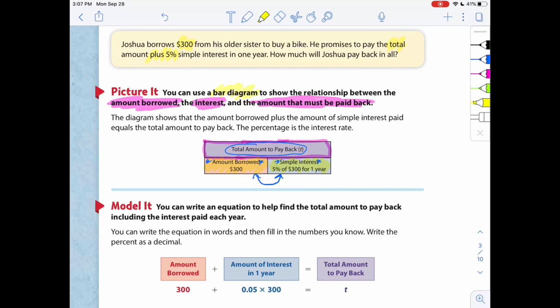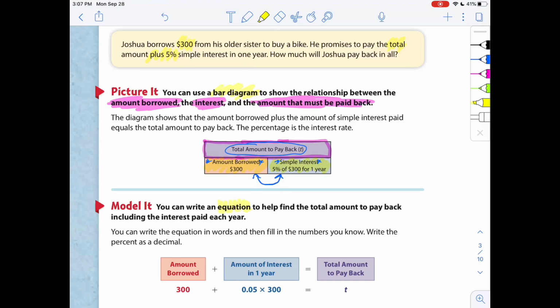So another way that we can model this same situation is with an equation. Remember, this is a really important thing to be able to do: writing an equation to find the total amount he's going to pay back. You can write the equation in words and then fill in the numbers. Write the percent as a decimal.